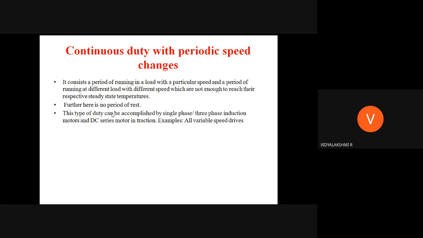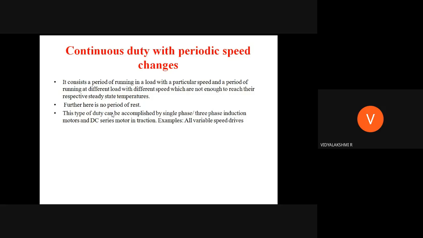But in this condition, we cannot attain the steady state temperature, because whenever my motor torque is equal to load torque, then only I can attain my steady state temperature. But here I keep on varying my speed, so I cannot achieve the steady state temperature. Again, here there is no period of rest.